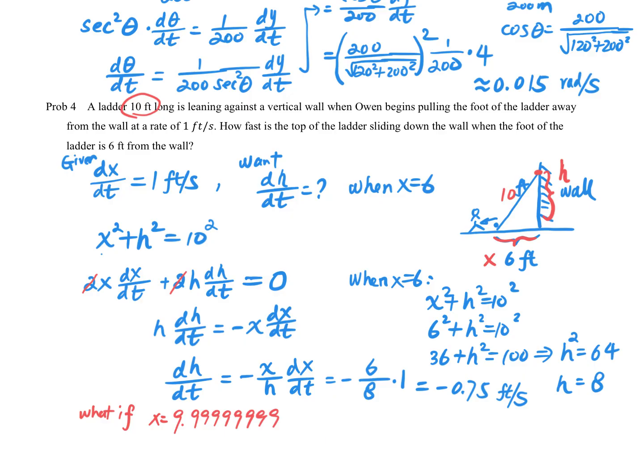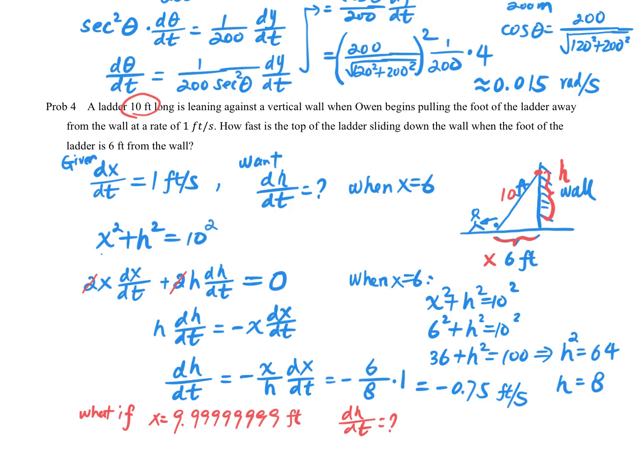What if the distance from the foot of the ladder to the wall is 9 point, with 8 nines after the decimal, feet away from the wall? What is dh/dt? Give it a try, and you may find out something quite interesting. Pause the video and see what you find out.